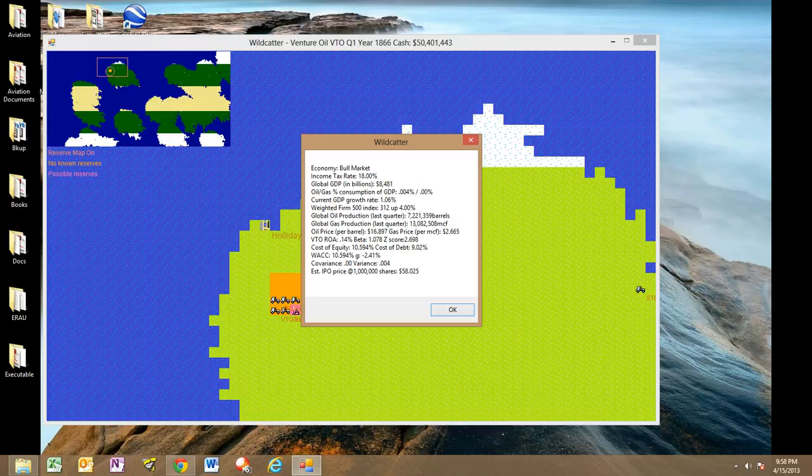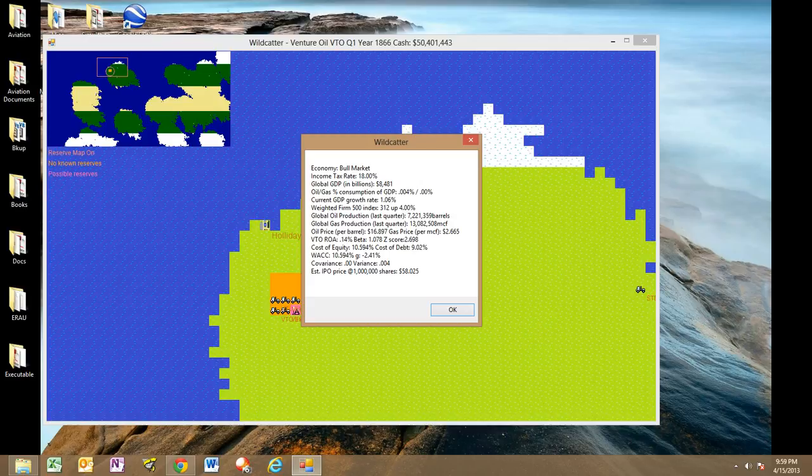This is the global GDP number below the income tax rate. Below that is the oil and gas consumption as a percentage of GDP, and that number will grow as more gas-consuming products come to the market, like automobiles and such other things. So later on in the simulation, this number will grow to approximately 9%, and that's about the time the simulation ends.